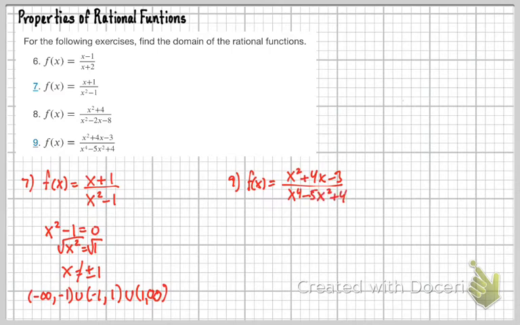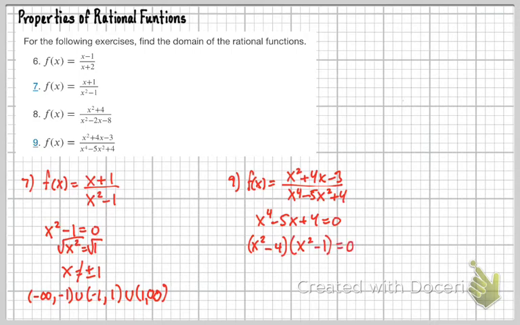For this one, I'll have to factor the bottom, but nonetheless, I would say just the same, x to the 4th minus 5x squared plus 4 equals 0. I kind of jumped ahead a little bit because I can factor this. So this is going to be x squared minus 4, x squared minus 1, and those both equal 0.